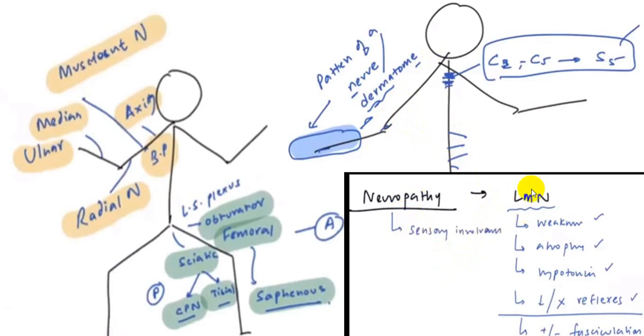As far as the motor finding is concerned, you will have a lower motor neuron type of finding: weakness, atrophy, loss of reflexes, hypotonia and fasciculation. So when you get lower motor neuron type of involvement plus sensory involvement with autonomic nervous system involvement, it is peripheral neuropathy.